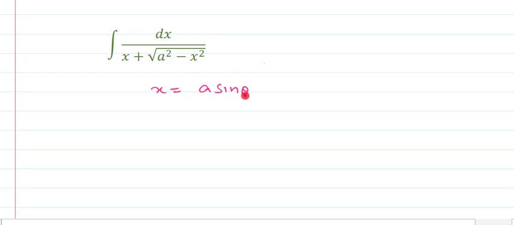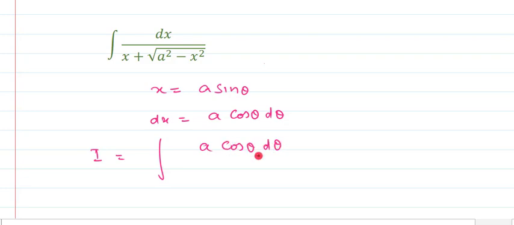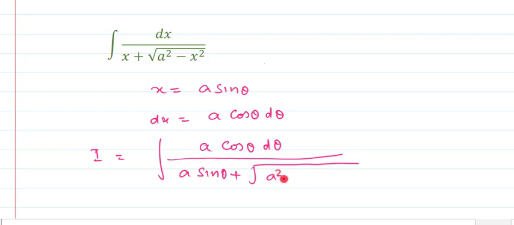So let me put x is equal to a sin theta over here. After getting the derivative, we get a cos theta d theta as dx. Now let us do the changes over here. So I is equal to integration of dx, which means a cos theta d theta, and in the denominator we have a sin theta plus square root of a square minus a square sin square theta.